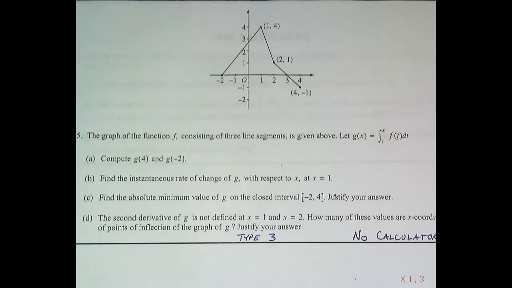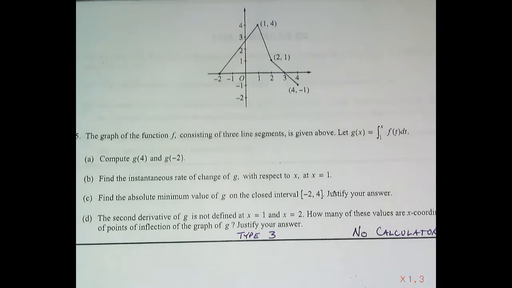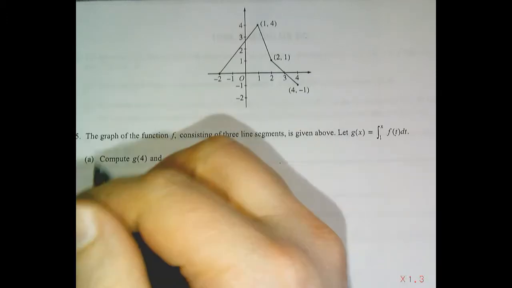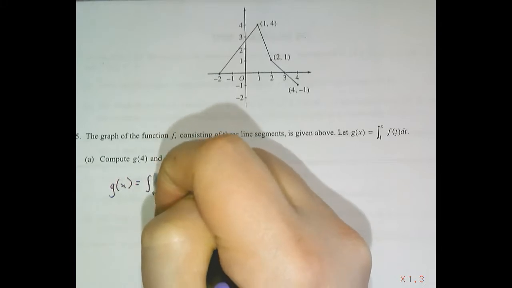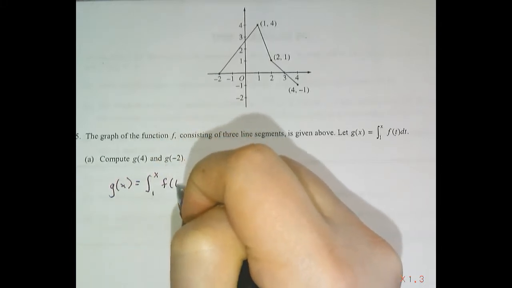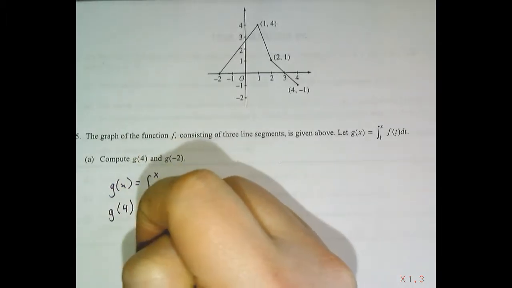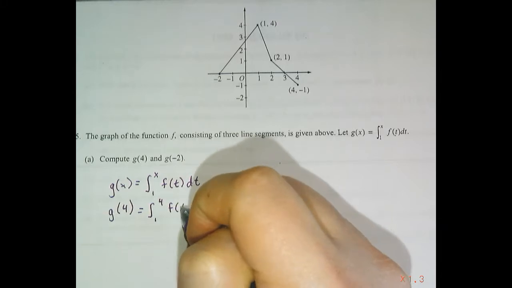It's asking us to calculate g of 4 and g of negative 2. So right off the bat, they tell us g of x is the integral from 1 to x of f of t dt. So g of 4 will be evaluating the integral from 1 to 4 of f of t.